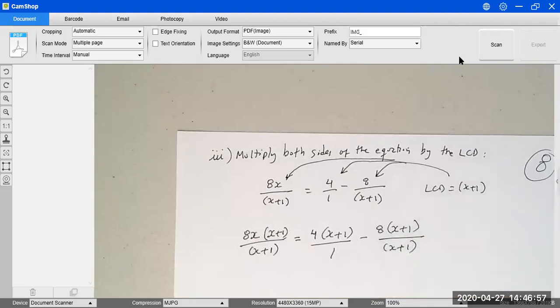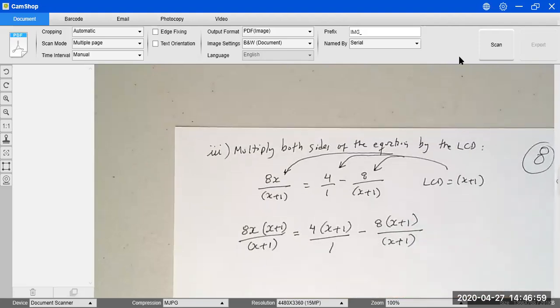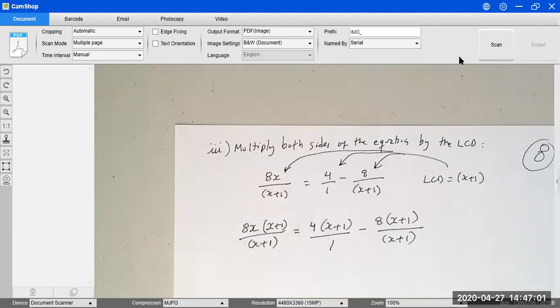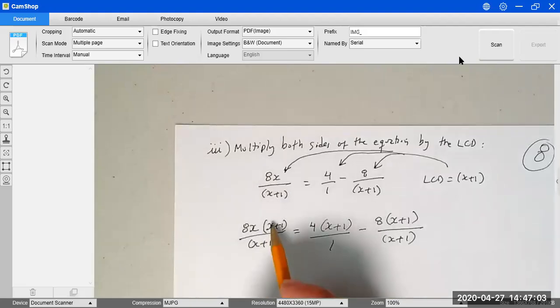And again, it's important to use parentheses because you cannot cancel this x with this x, because these x's are not single factors. They are part of a factor. They are embedded in the factor. So you cannot remove this x only. You need to remove the entire parentheses.